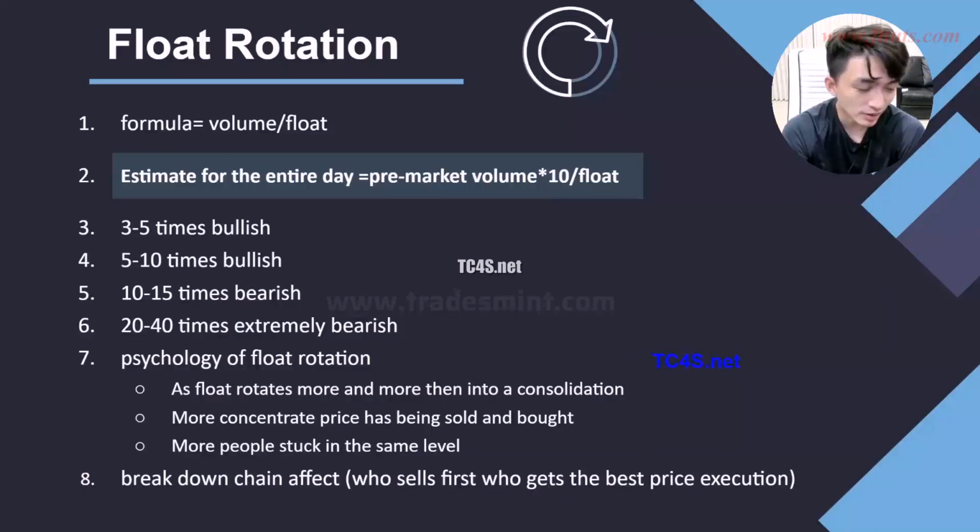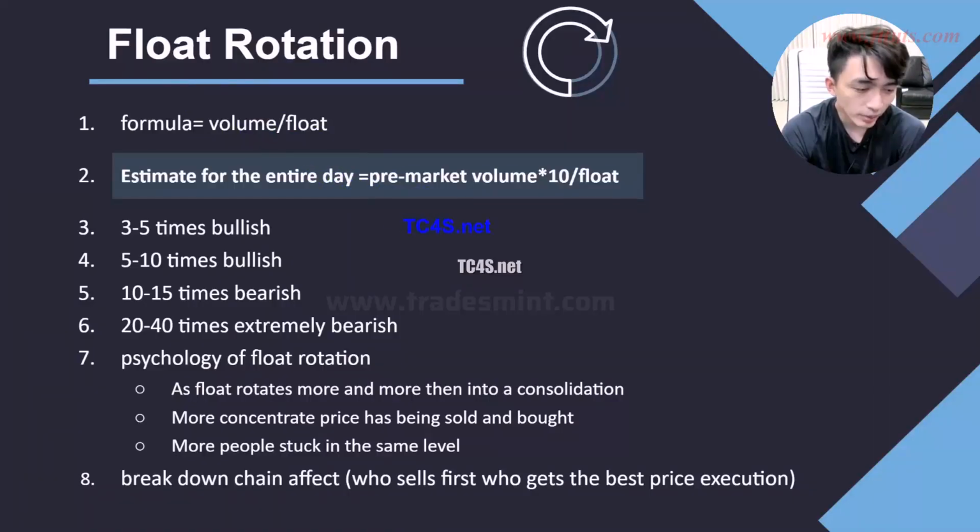If the second person sells it, it's going to be 9.5. So everybody wants to sell at that $10, and once the first person sells, it's going to cause a chain reaction. It's very similar psychology for the float rotation on the consolidation. More people are stuck buying at the same level, and everybody wants to be that first person to sell to get the best execution price. That's the psychology for float rotation.